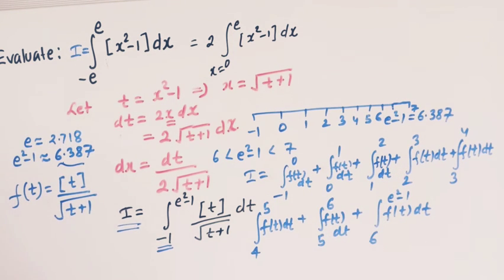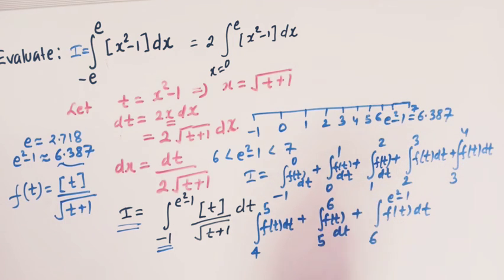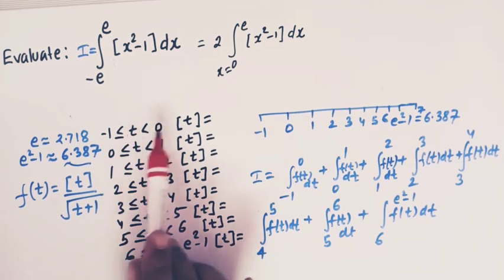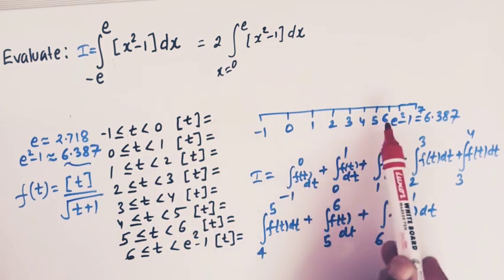So now let us evaluate these 8 integrals, and the sum of these 8 integrals would be the value of our given integral I. So viewers, here we have written the value of t in the form of these 8 intervals.